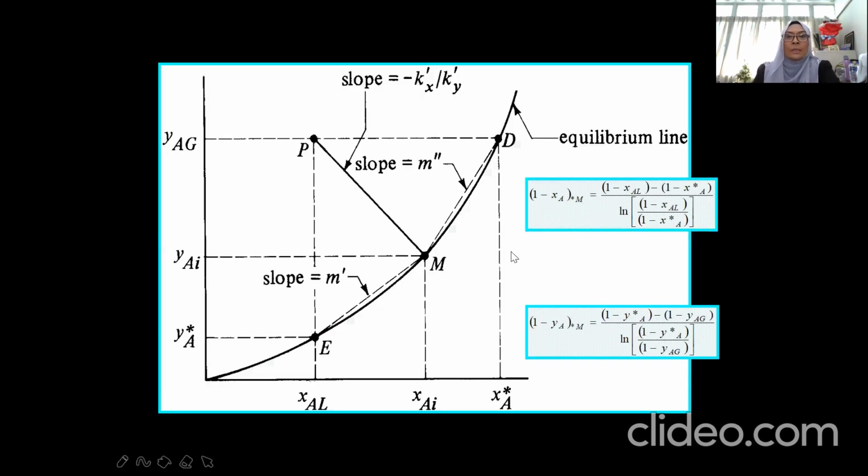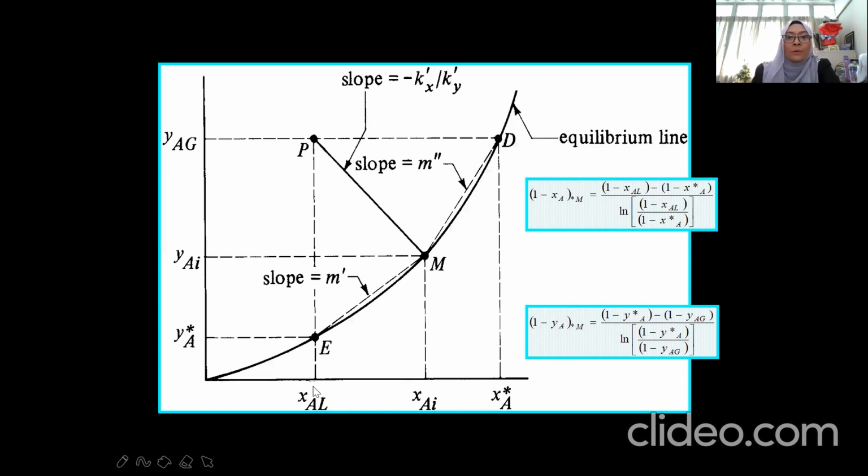So let's go to this slide. If you see, this is the log mean value, and this is how you calculate it. Now you are introduced to the term Y star A. So this is actually Y. How do you get your Y star A? Your Y star A corresponds to the value of the bulk liquid composition.